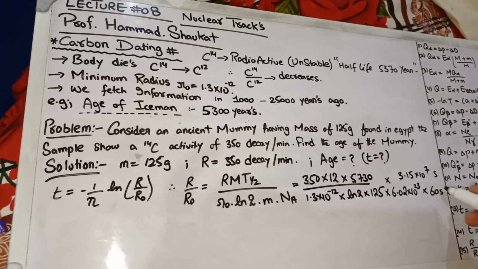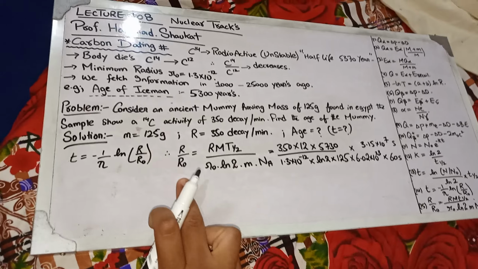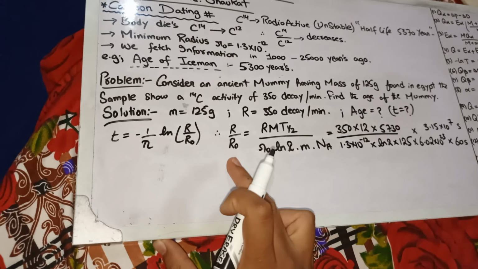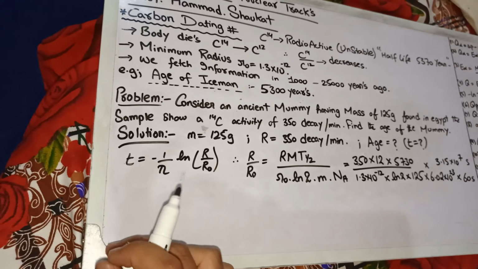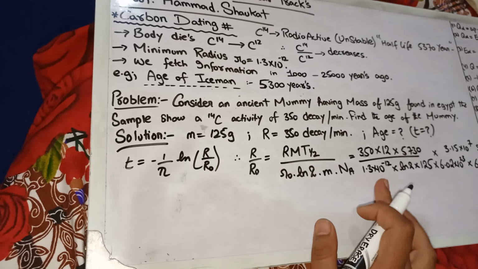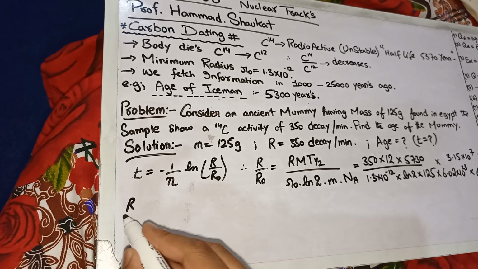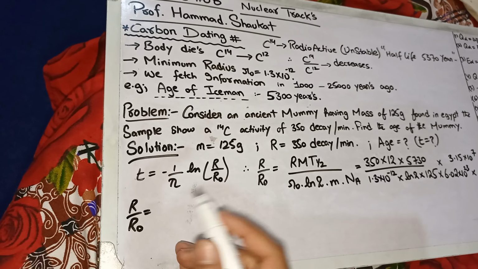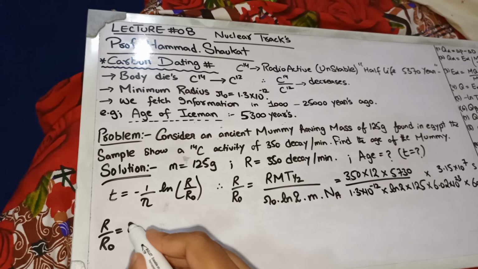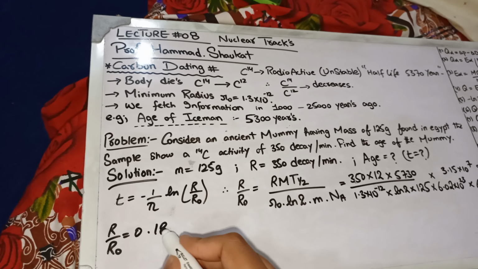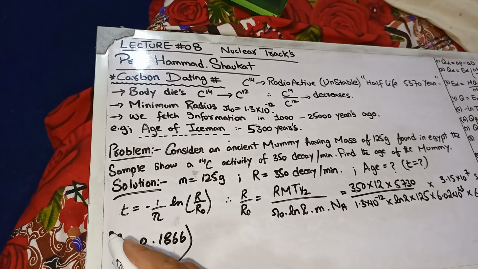Seconds cancel with seconds, and the ratio has no unit because both are the same variable. After calculating this, we get the ratio of R by R naught equal to 0.1866.